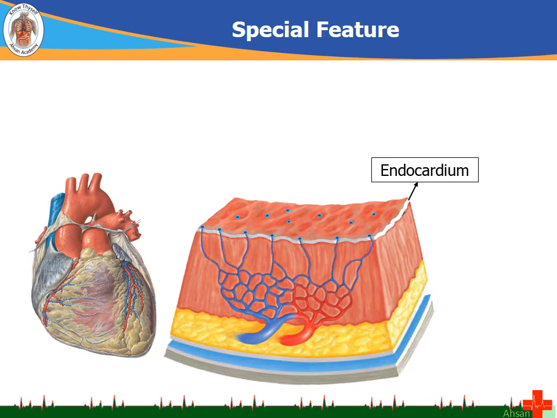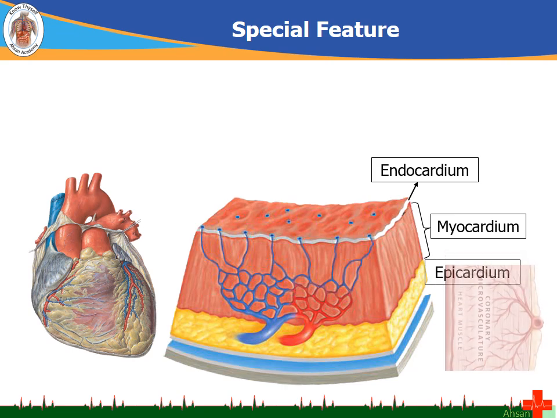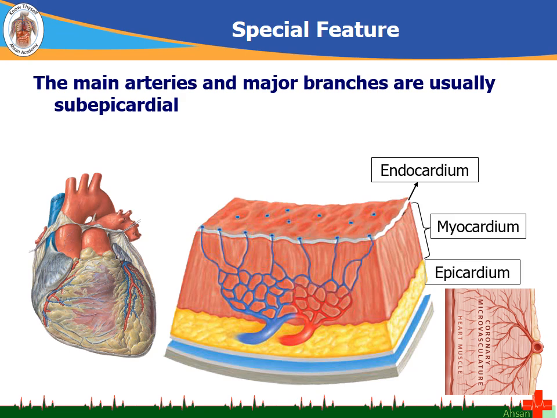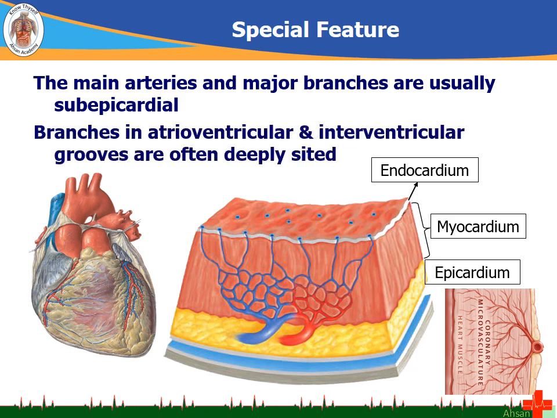You can see the figure. This is showing the wall of the heart. The inner wall is the endocardium, then the thick myocardium, and after that the epicardium. The blood vessels, mainly the larger arteries, the coronary arteries and the major branches, are usually sub-epicardial in origin, meaning they remain in the outer part, and they divide into smaller branches and proceed towards the endocardium, but they become very minute arteries when they reach the endocardium.